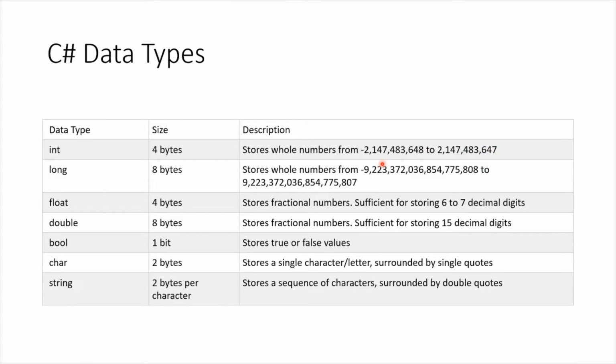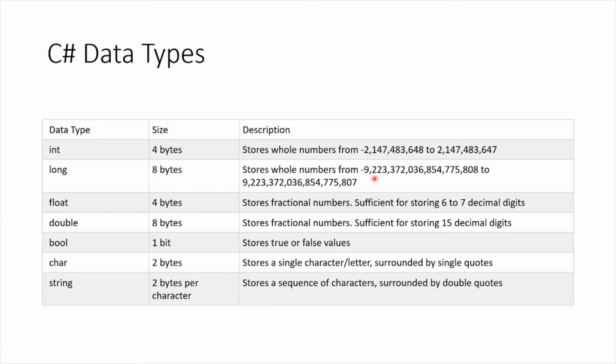If you want to store a higher value than this, then you need to use long, which is 8 bytes of memory. Of course, you need to decide, because your application will be holding more space if you always use long. So you need to decide depending on your requirements.